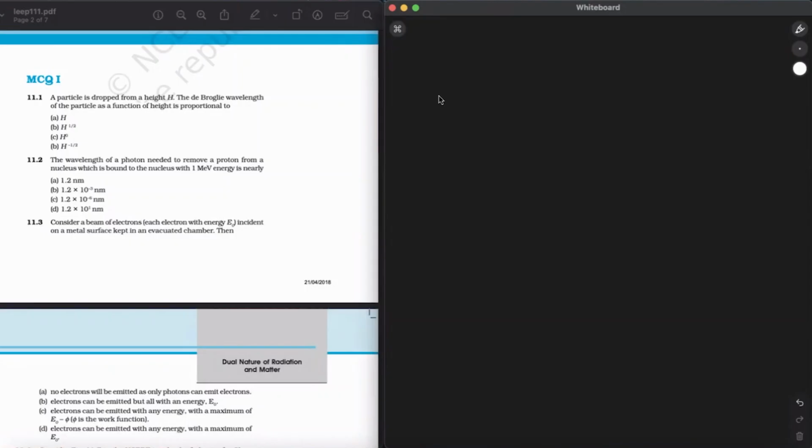So moving onwards, the first question number one. A particle is dropped from a height h. The de Broglie wavelength of the particle as a function of height h is proportional to. See, basically, what you need to understand is that the chapters at the end of the class 12 notebook are highly conceptual.